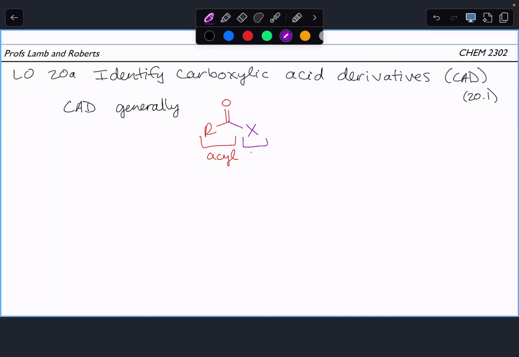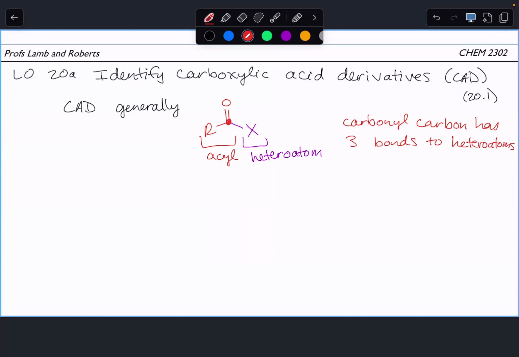This X group is going to be some heteroatom such that this carbonyl carbon right there has 3 bonds to heteroatoms.